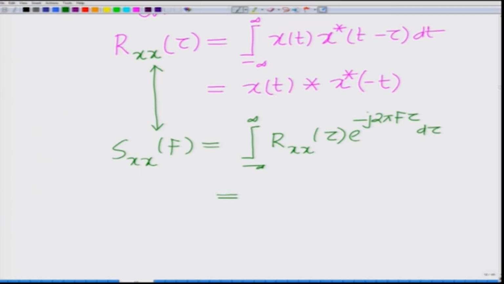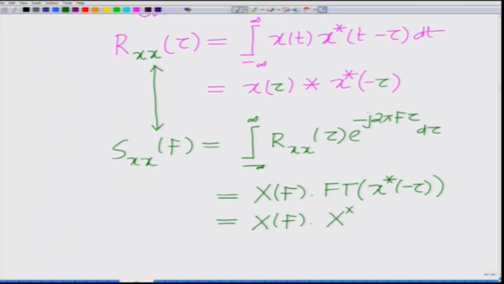Remember, convolution in the time domain is multiplication in the frequency domain. So this is X(f) times the Fourier transform of x conjugate of minus tau, and we have shown that Fourier transform is X conjugate of f. Therefore, this is magnitude X(f) squared.